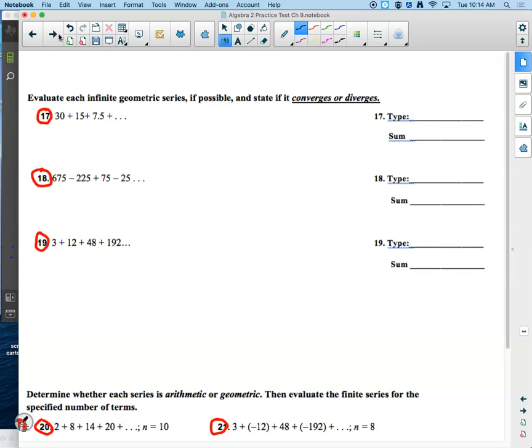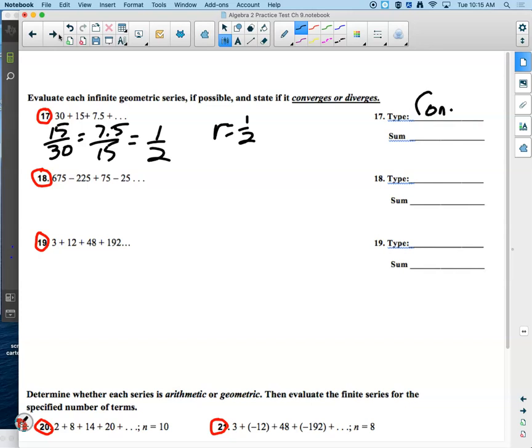17. How do you know? It is getting smaller. R, yes. So 15 divided by 30, 7.5 divided by 15, 1/2. So it converges.